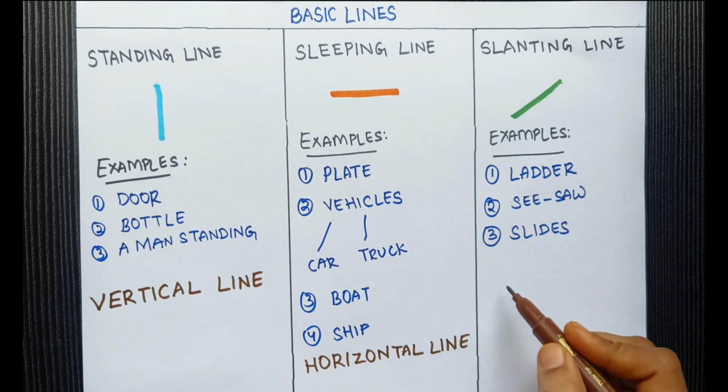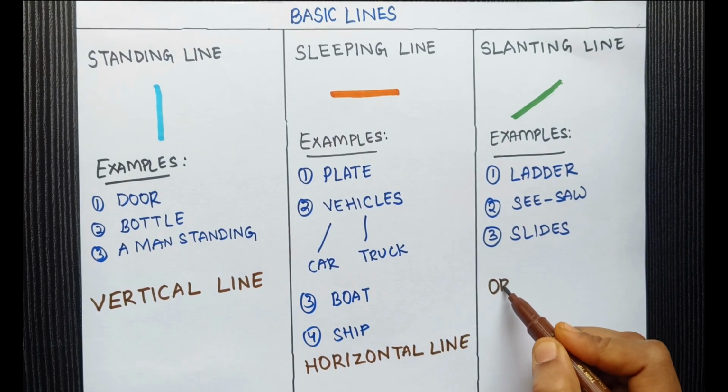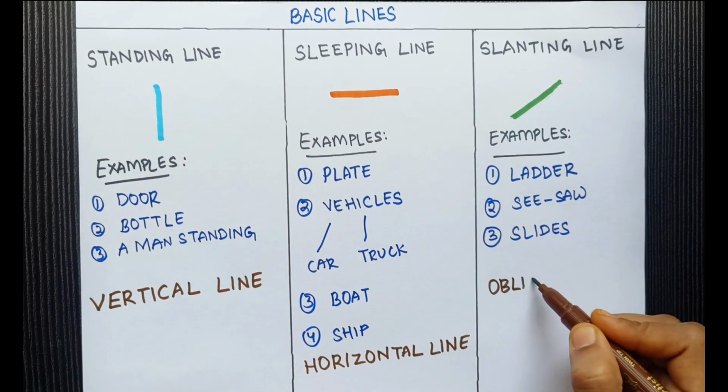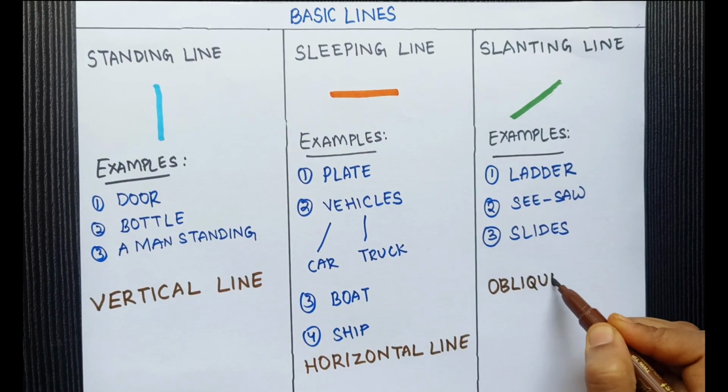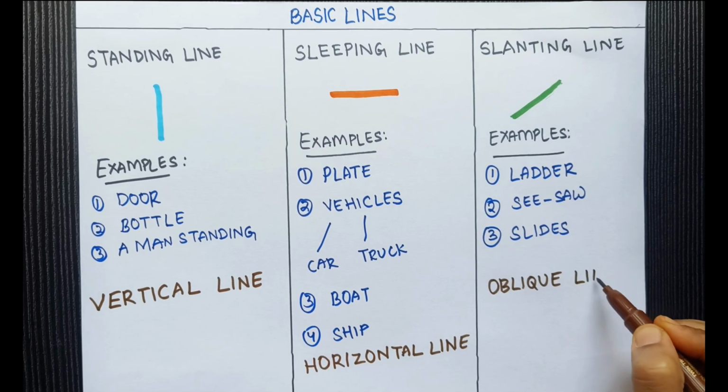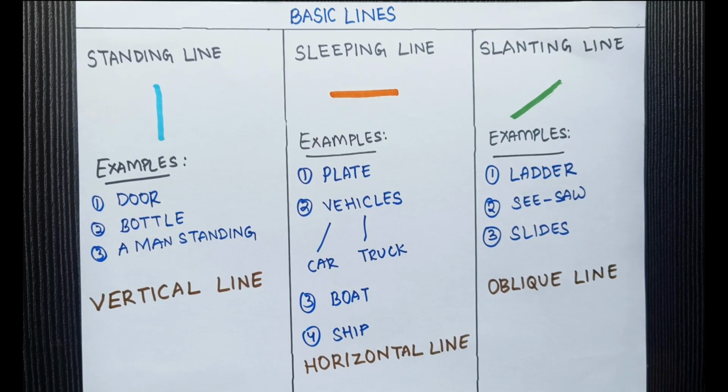A slanting line is called an oblique line. So, these are how the basic lines are called with different names.